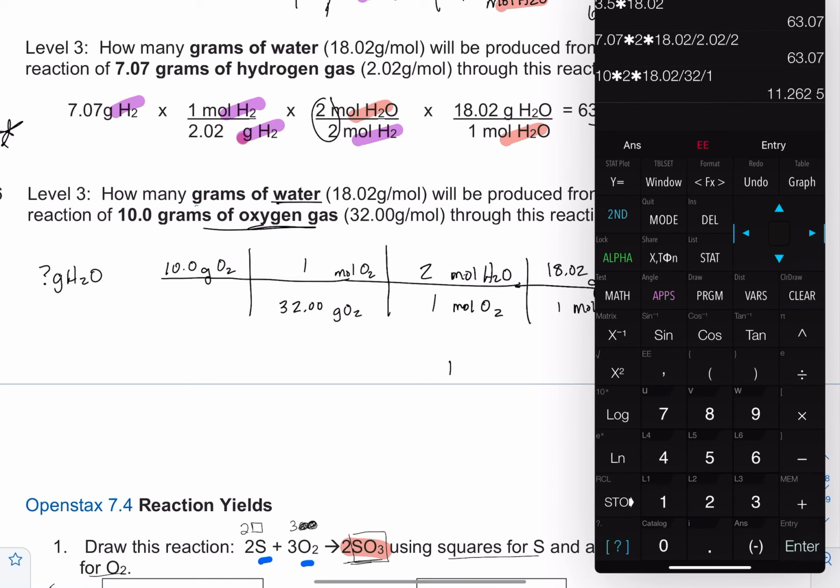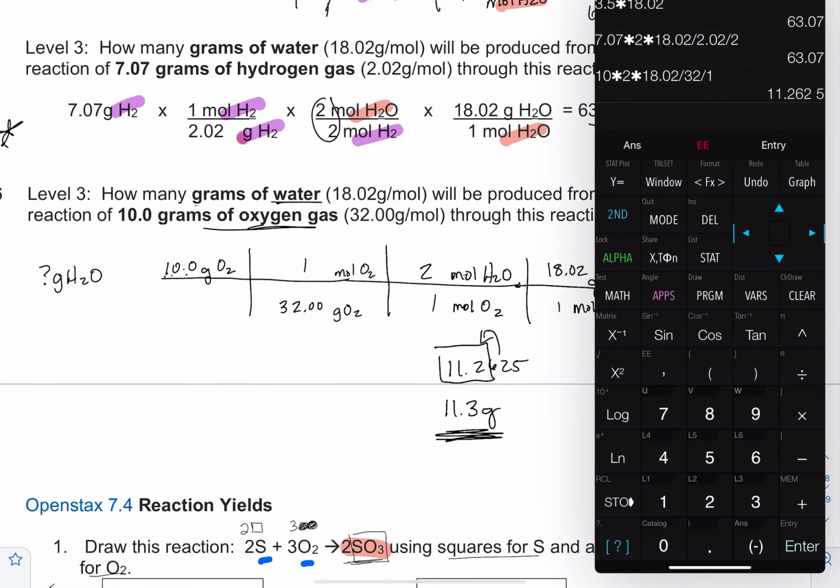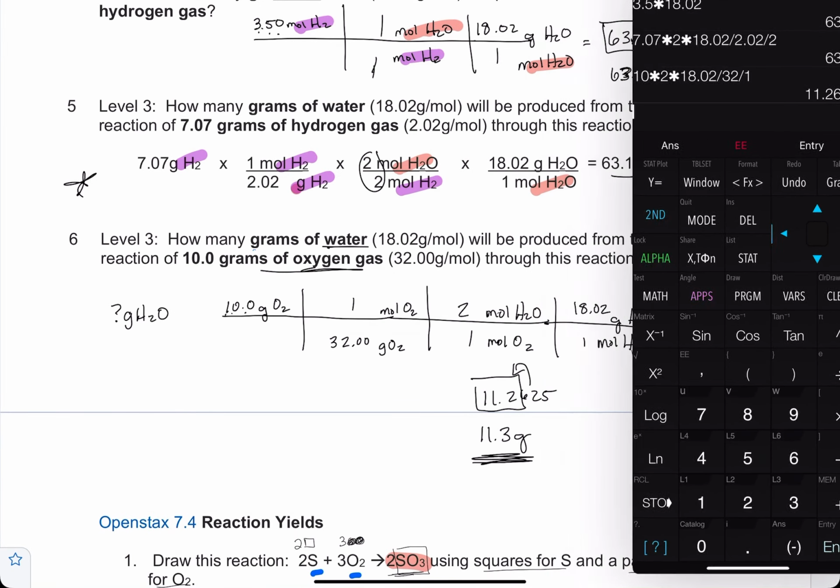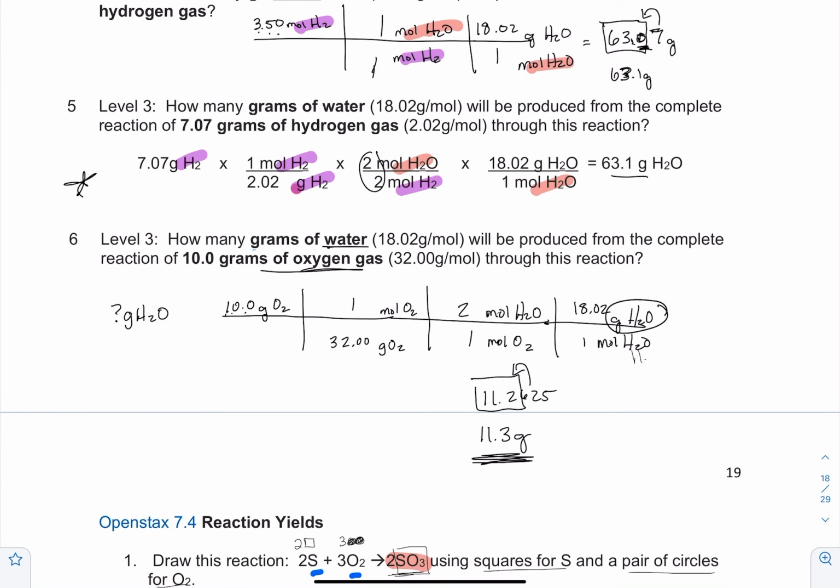And that gives me 11.2625. Notice this has 3 sig figs, and that does round up. So I have 11.3 grams. Again, this is the theoretical yield. Whenever you're producing product, the grams of water was the product, it's the theoretical yield.